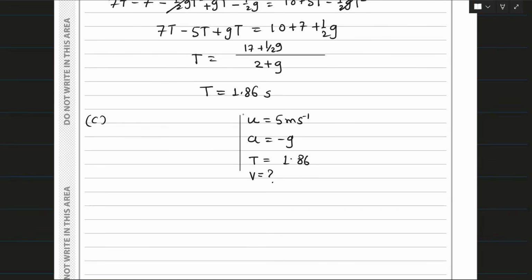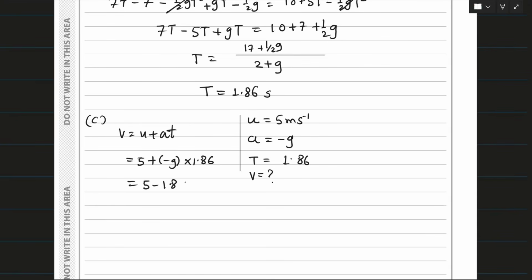The formula that relates all these quantities together is v equals u plus at, and from this we can find the value of v. V is equal to u plus at, so 5 plus, this is minus g, into t, 1.86.